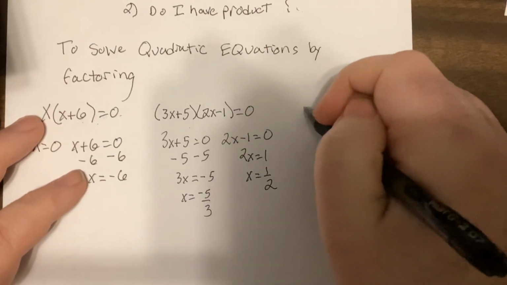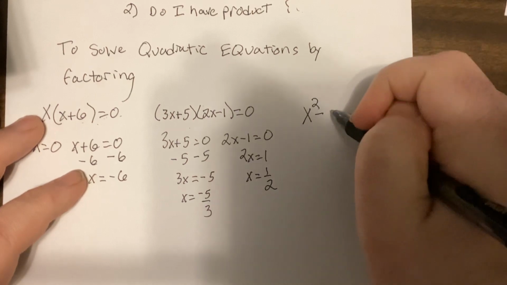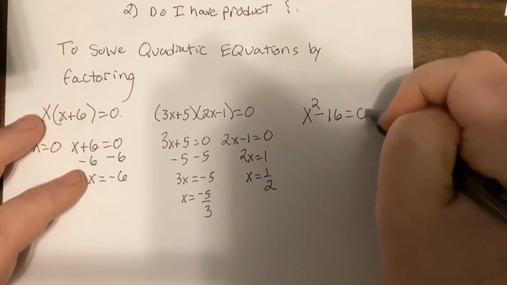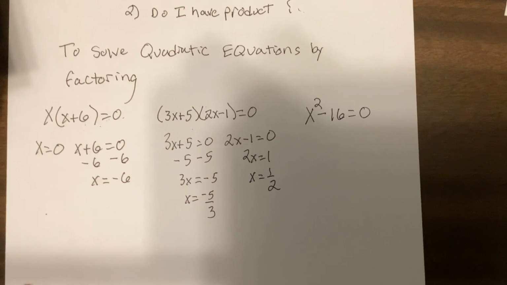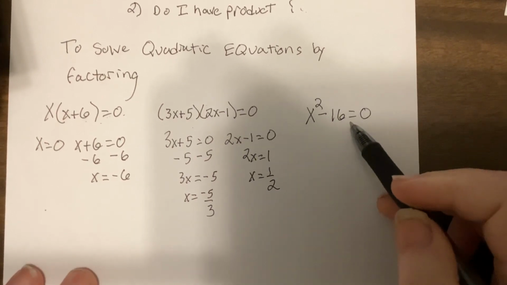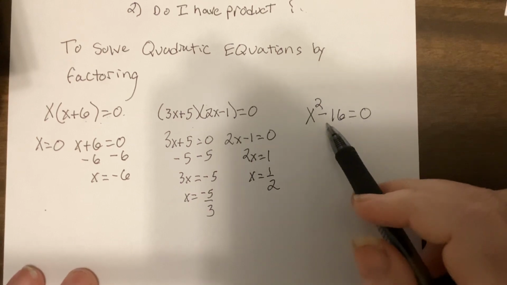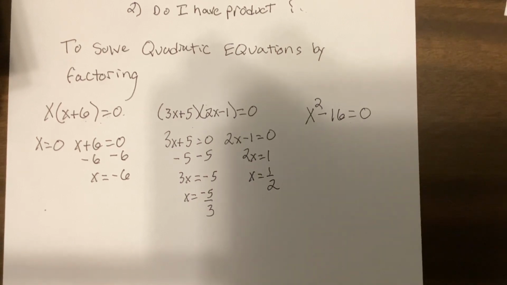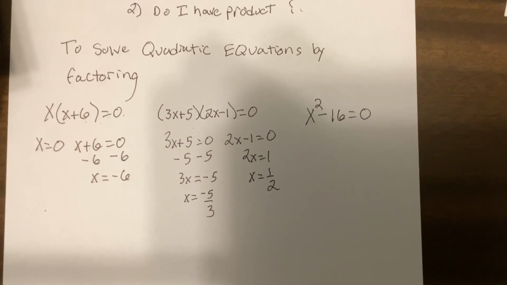Now, what if I have this? x squared minus 16 equals 0. So you ask question 1, do I have something equal to 0? Yes. Do I have a product? No. So that's what factoring is. That's one of the reasons why we factor. Now, there's many more reasons why we factor, but that's one of them.